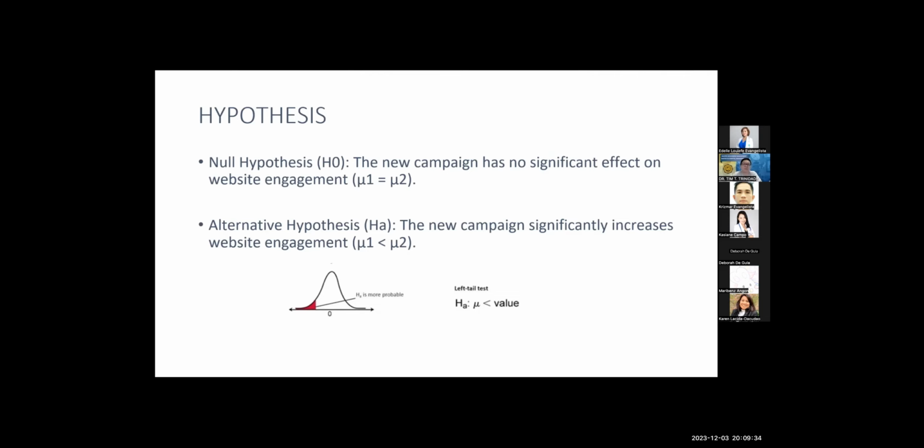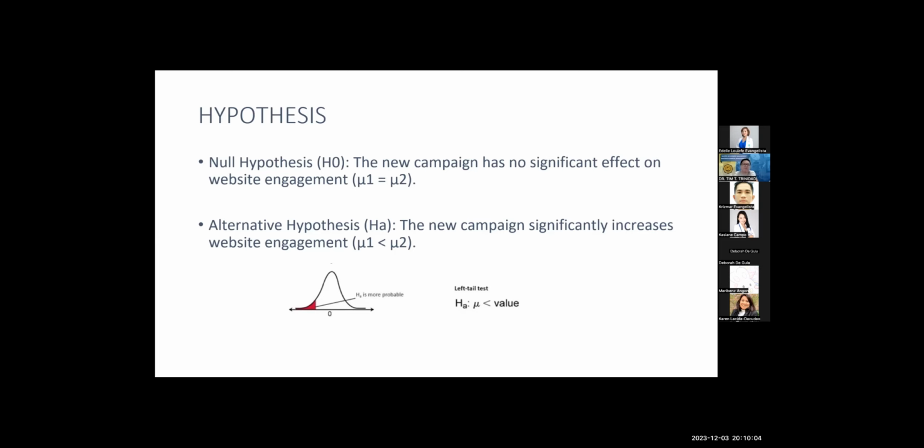In this case, a one-tailed test is appropriate because the alternative hypothesis states that the new campaign significantly increased website engagement, or the mean of the first sample is less than the mean of the second sample. We are interested in a specific direction, less than. So then we'll use the left tail of the standard normal distribution.